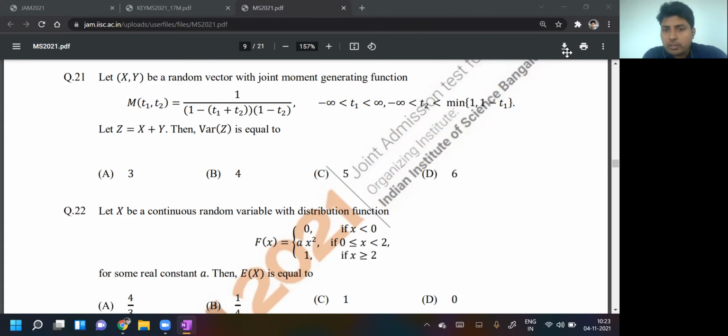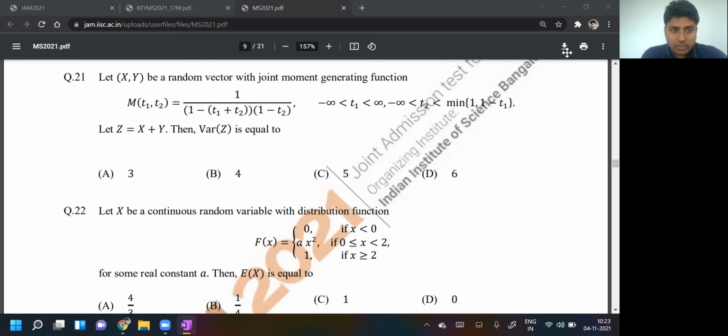Where T1 is from minus infinity to plus infinity and T2 is from minus infinity to minimum of 1 comma 1 minus T1. Okay. So Z is X plus Y. What is the variance of Z? We know that from the MGF we can find moments. If we differentiate M with respect to T1 only once and put T1, T2 both 0, we get E[X].